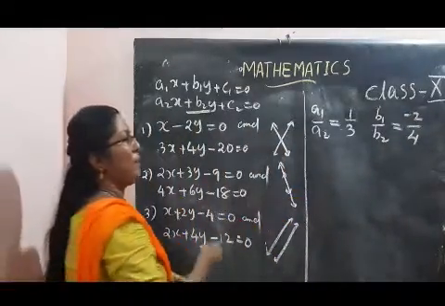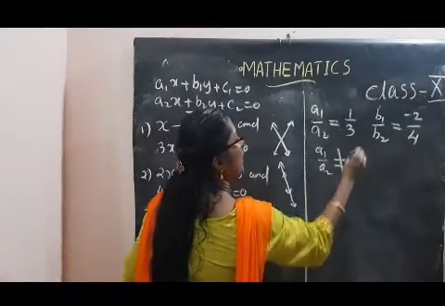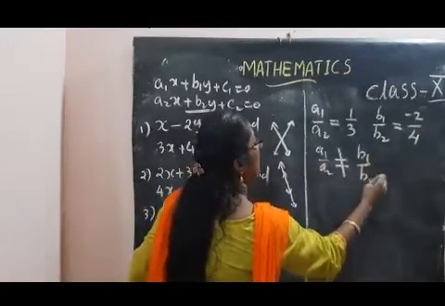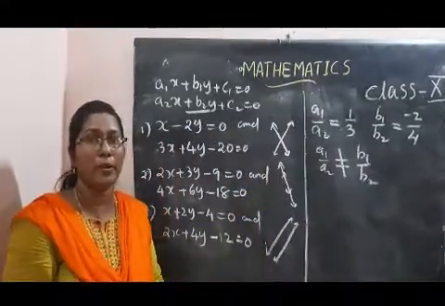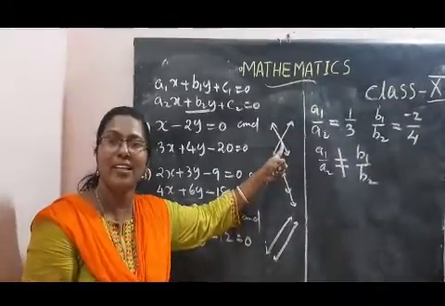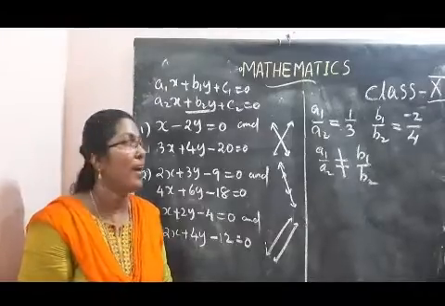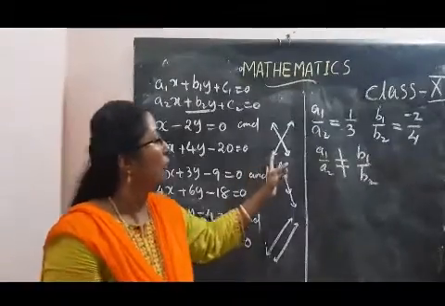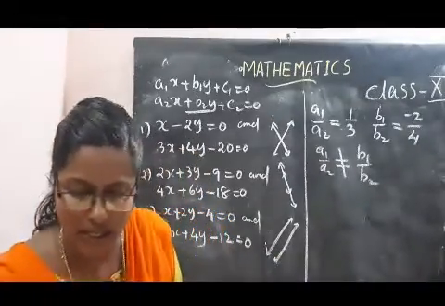So we can conclude a1 by a2 not equal b1 by b2. The type of graph is intersecting with a unique solution, consistent.